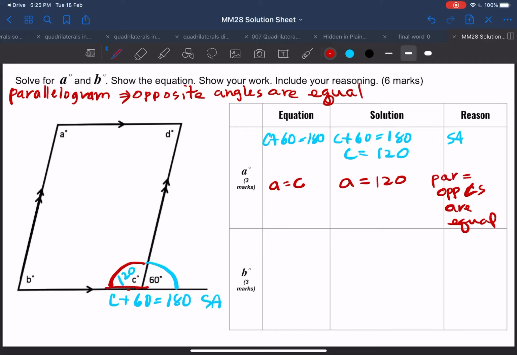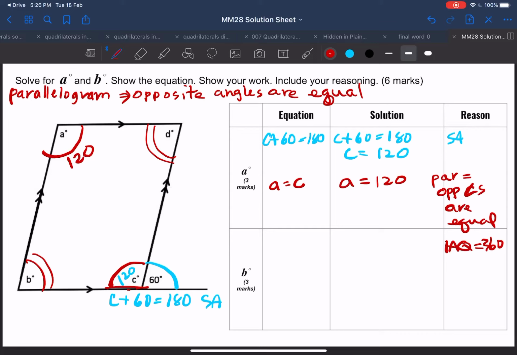Now, how do you solve for B? If this is A, and that's 120, this is 120. There are many ways to solve for B. One thing we know is that B and D are equal because it is a parallelogram. So some of you used internal angles of a quadrilateral equal 360.